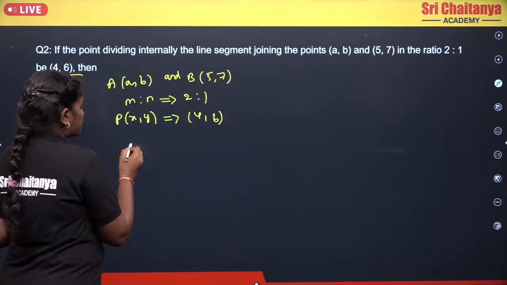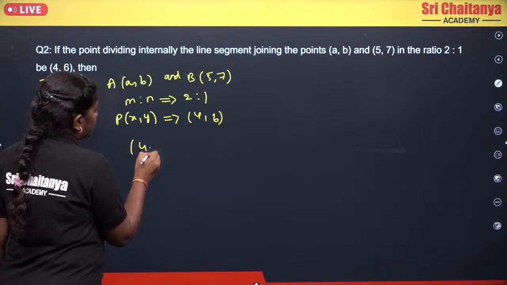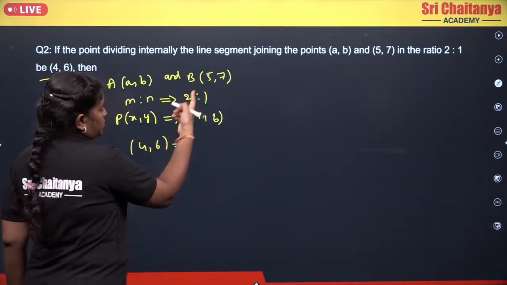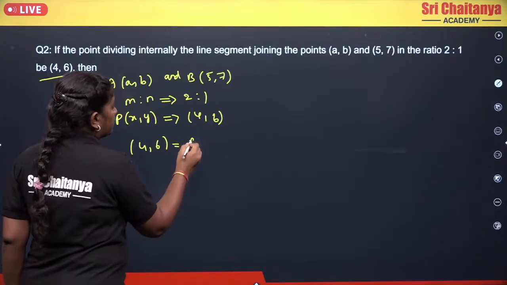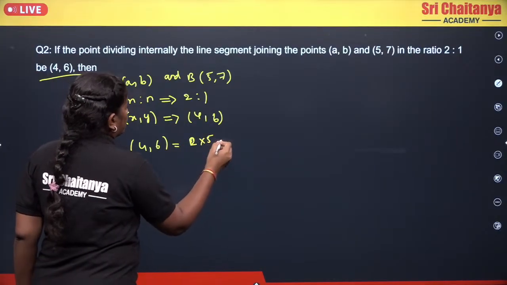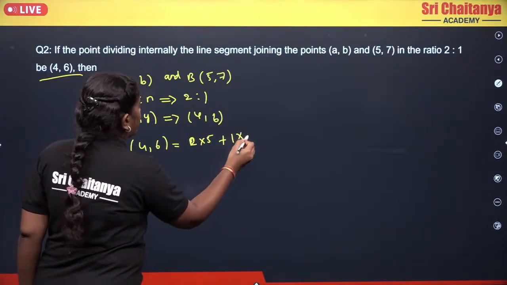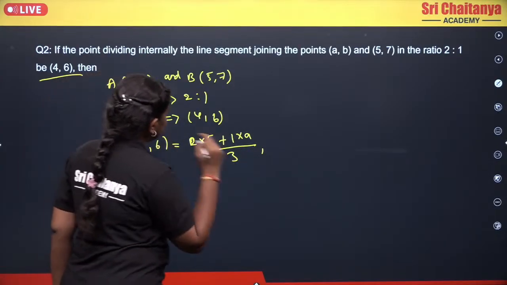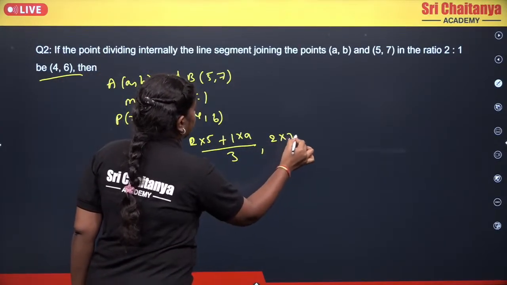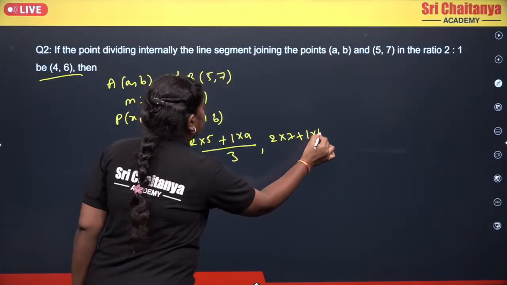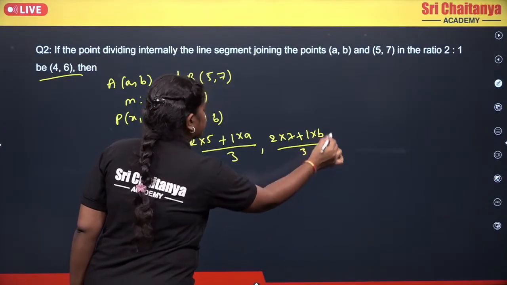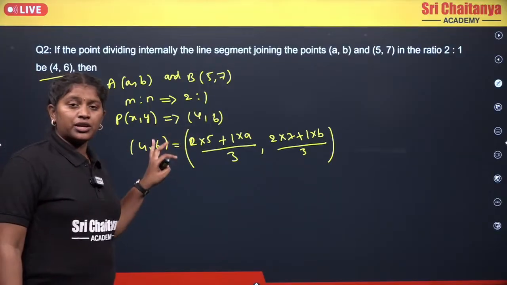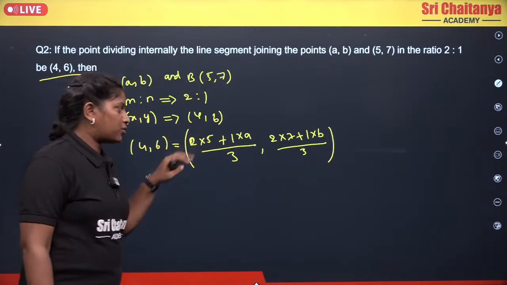Okay. Now use the section formula. So 4 comma 6 equals mx2, so joining A and B. So m means it will be 2 into 5 plus 1 into A by 2 plus 1, that is 3, comma, once again 2 into 7 plus 1 into B by 2 plus 1, that is 3. Okay. So now here we are having the 2 points equal. So we can equate our x coordinate and y coordinate.